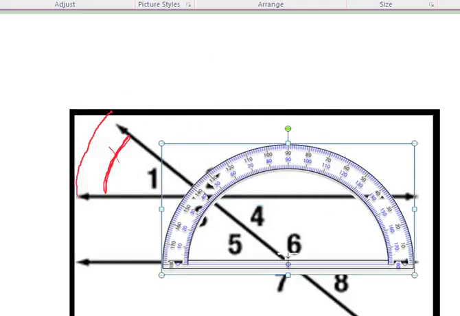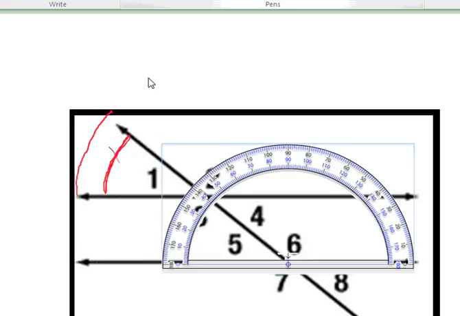Yeah, it actually looks like the measure of angle 5 is also 40 degrees. Start at 0. So the measure of angle 5 is also at the 40-degree mark. Cool.